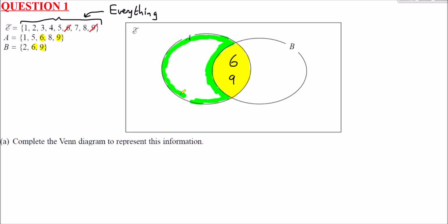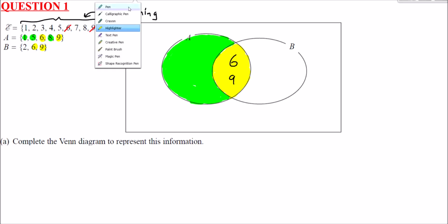Having a look at A, okay, the set A includes 1, 5, 6, which goes here, 8 and 9, which, as we showed earlier, goes in the middle. And so the items which are only in A and nowhere else are the 1, 5 and 8.